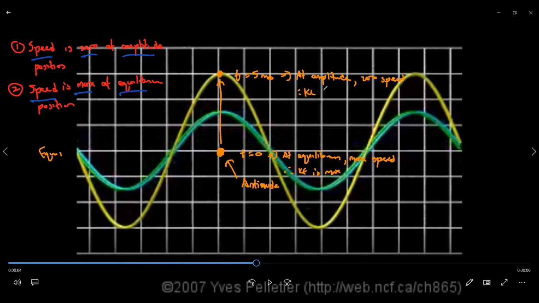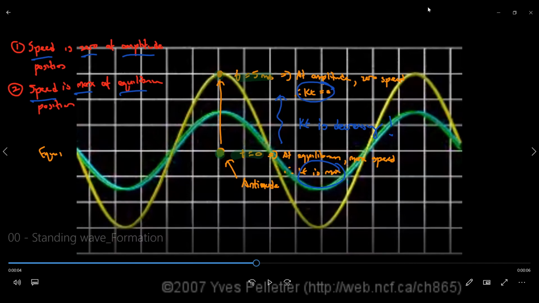Therefore, KE is 0. The question is asking you to look at the motion of the antinode from 0 to 5. KE is max here, KE is 0 here. The conclusion you should get is that KE is decreasing.